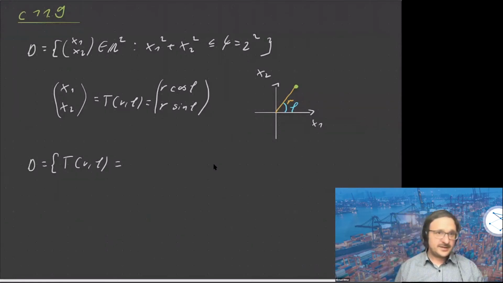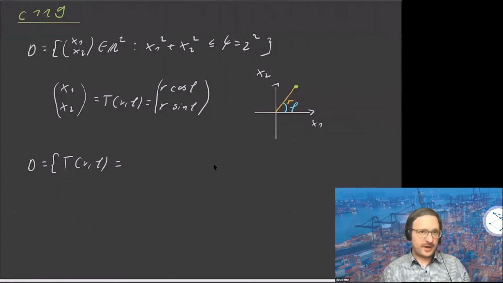where the radius is between 0 and 2, because we're talking about the whole disk, so not just the line, the whole disk. That means the radius is between 0 and 2.